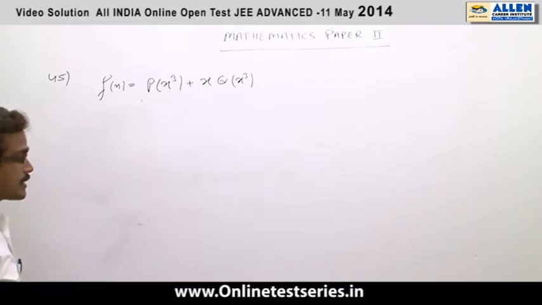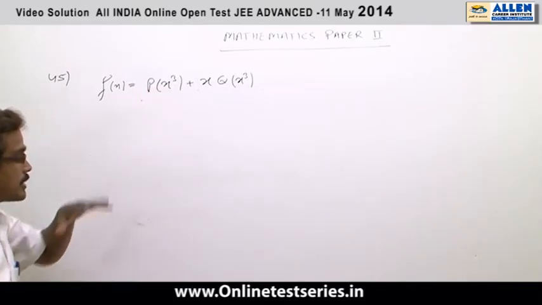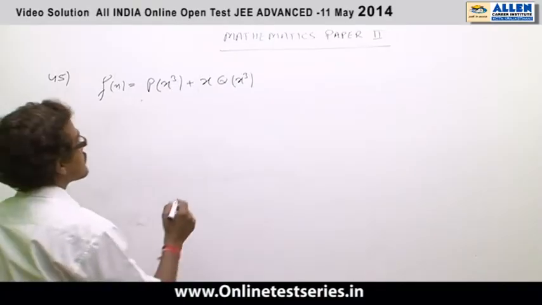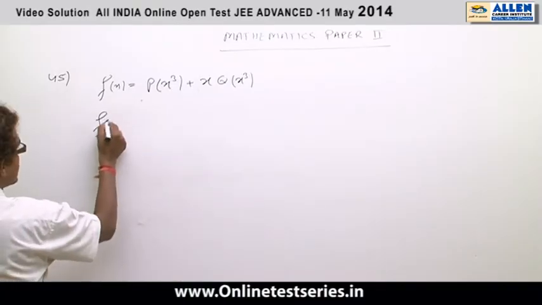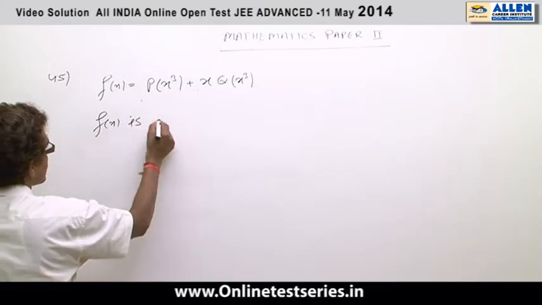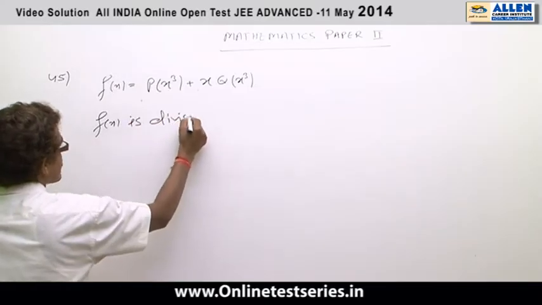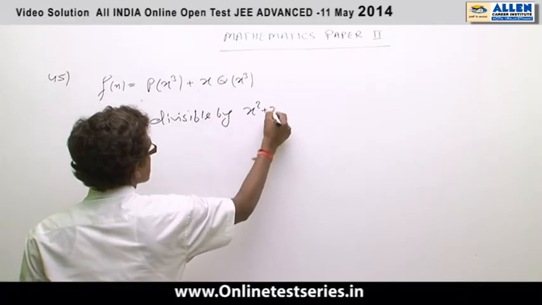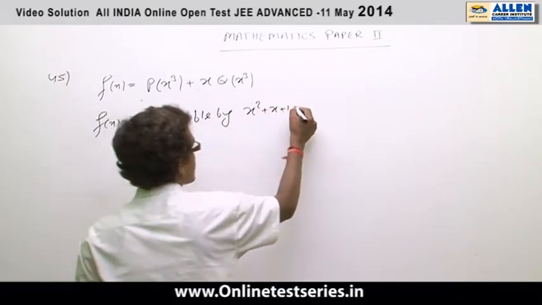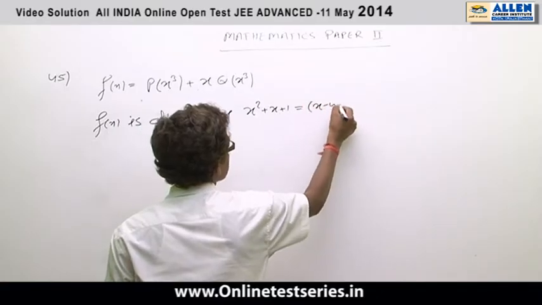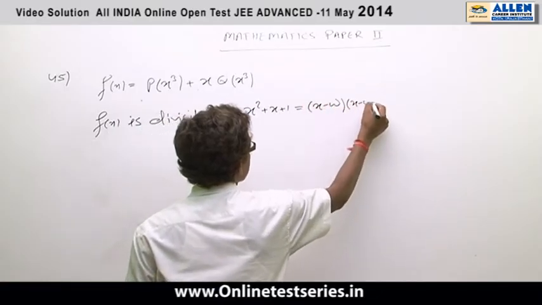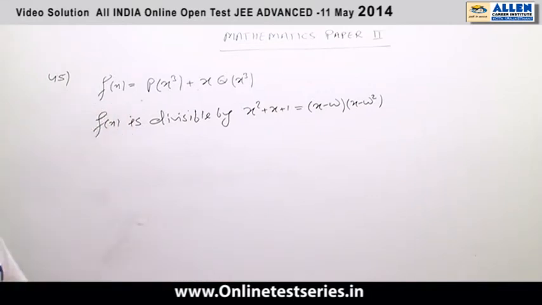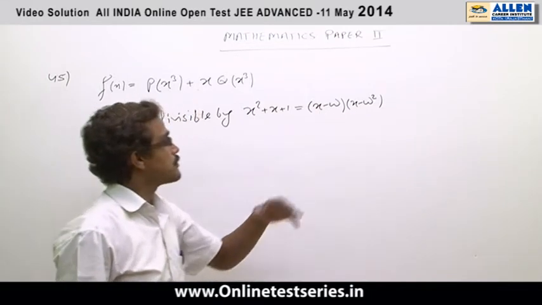And given that p(x) and q(x) are polynomials, as well as f(x) is divisible by x square plus x plus 1, and we know that x square plus x plus 1 is equal to (x minus omega) and (x minus omega square), where omega and omega square are the non-real cube roots of unity.